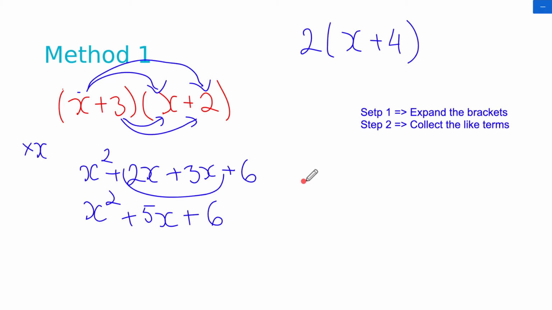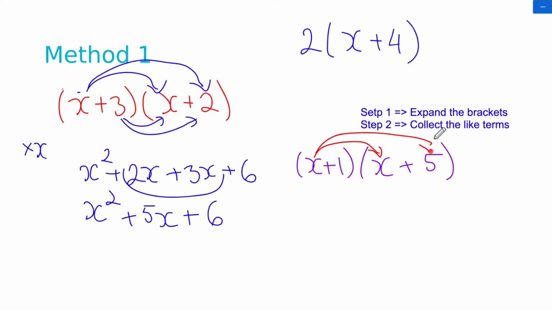I'm going to do one more question for you, and then I'm going to give you an activity broken down into steps as well. Okay, so let's have a look at this. Let's see, x plus 1, x plus 5. And that gives me, we're going to do x times x, x times 5.